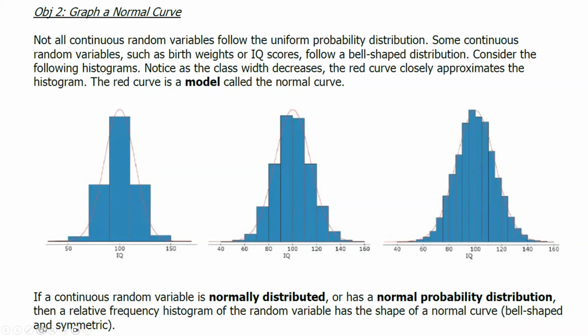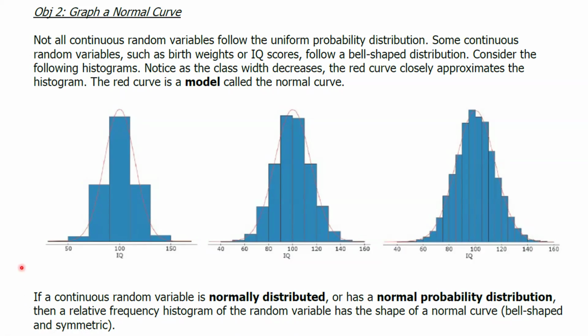So if a continuous random variable is normally distributed or has a normal probability distribution, then a relative frequency histogram of the random variable has the shape of a normal curve, or it's bell-shaped and symmetric.